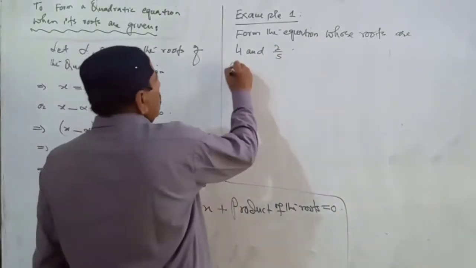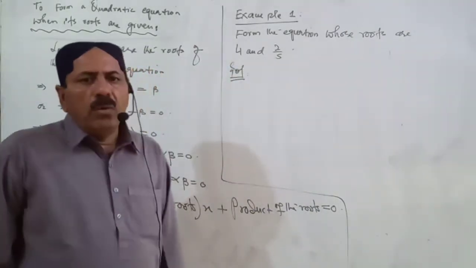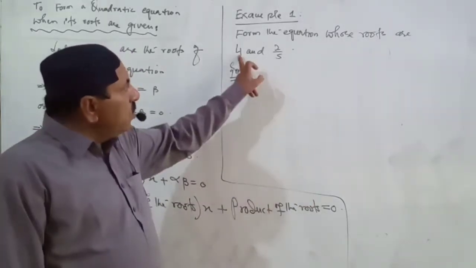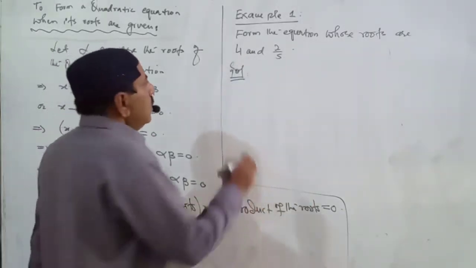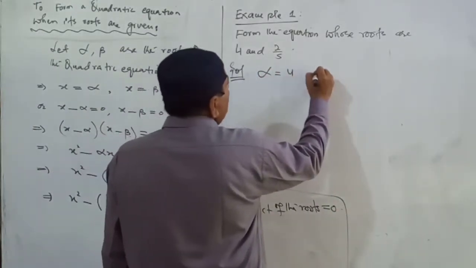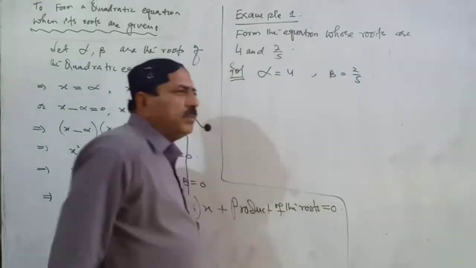Solution. So there is a requirement of the equation with the help of the given roots 4 and 2 upon 5. Here alpha is equal to 4, beta is equal to 2 upon 5.